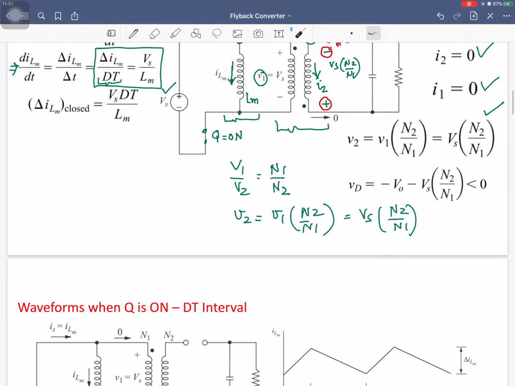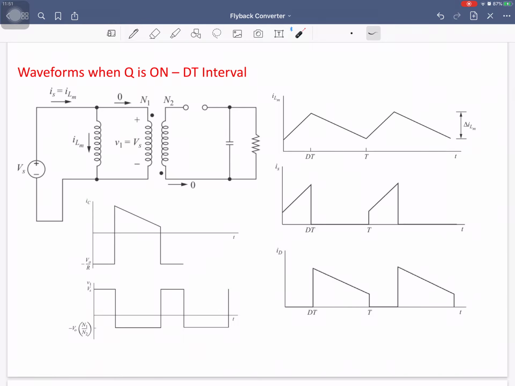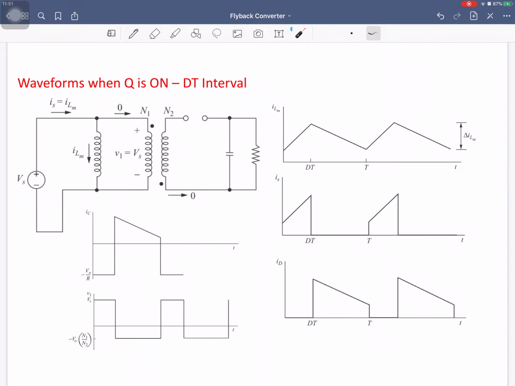Right? Now let's move toward the waveforms for this switching state when our switch is in the on state. The Q over here is turned on. So at that instant of time, that is the interval dt, we are going to consider only this part. This is dt. Right? So our current through the magnetization branch is increasing, starting from some minimum value to the maximum value.